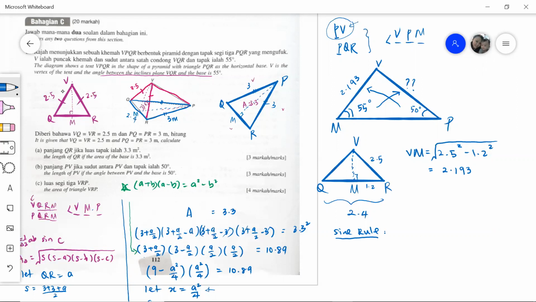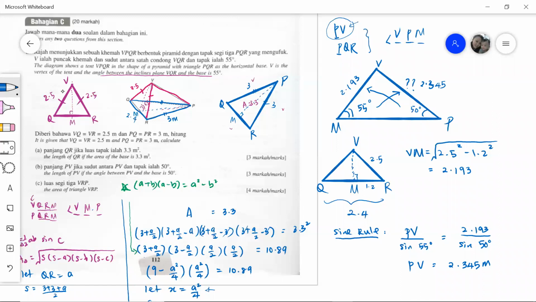The sine rule says PV is the one that we want, match with the opposite angle, 55, equivalent to the ratio of 2.193, match with the opposite angle, sine 50 degree. Using calculator, take 2.193 over sine 50 times sine 55, we got 2.345 meter. That is our answer, 2.345.